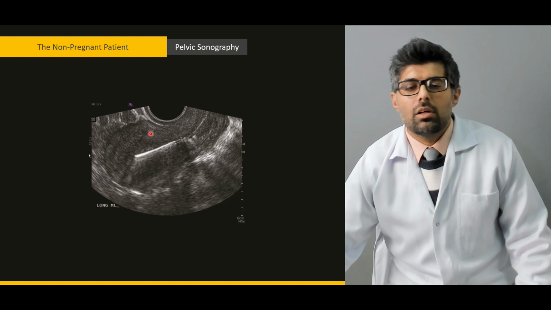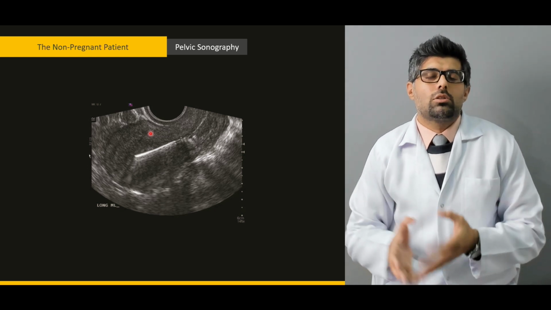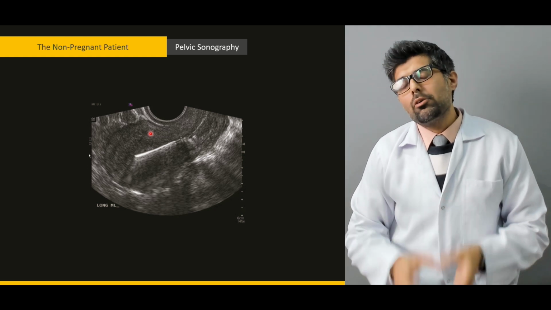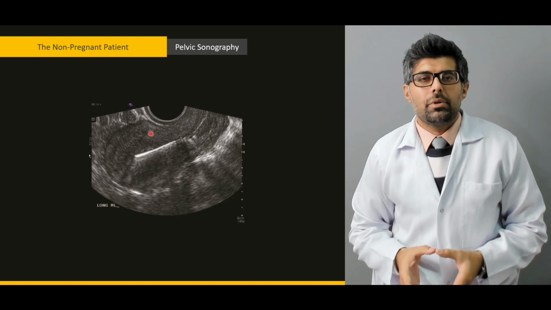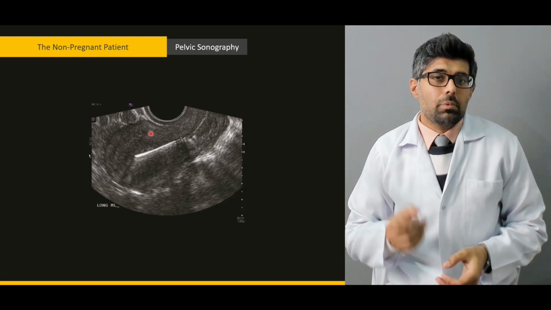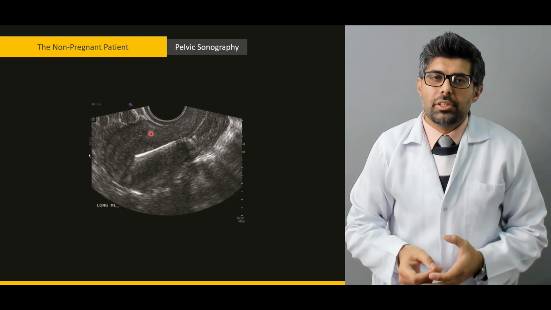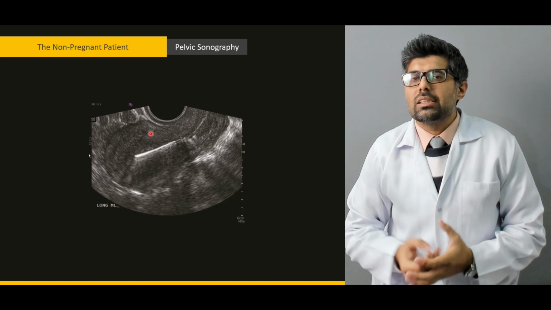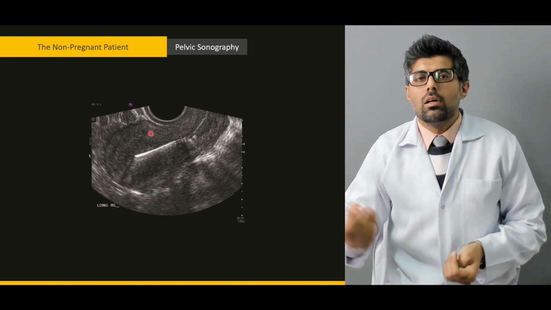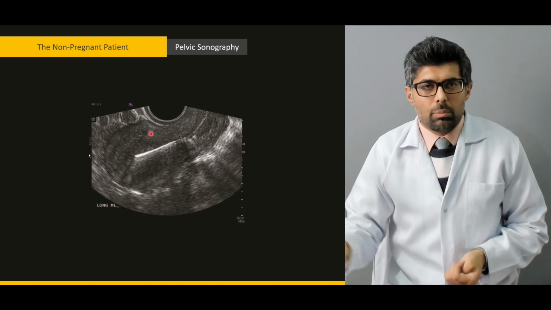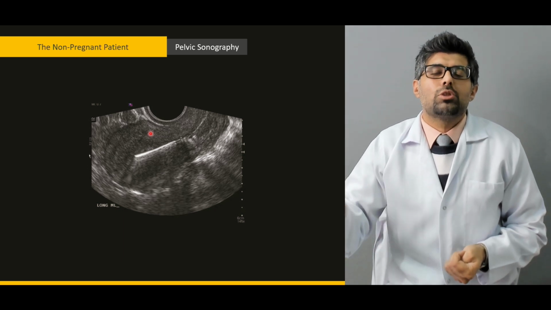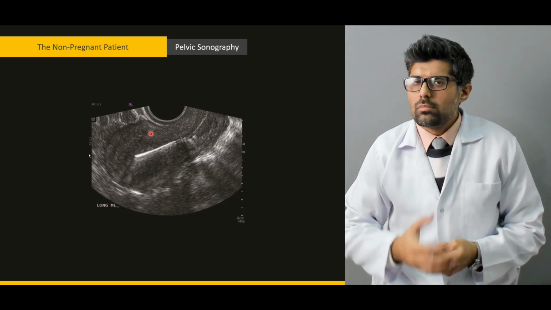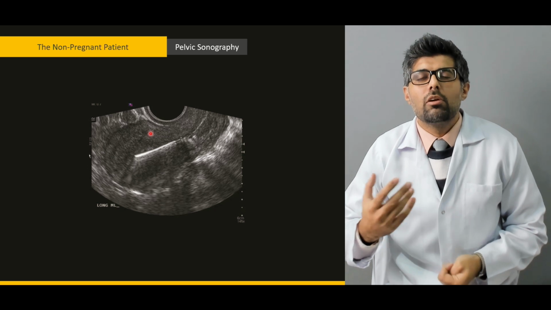Next, we have another very common cause of pelvic pain, that is the intrauterine device. An intrauterine device is a contraceptive device, a T-shaped object, which is inserted inside the uterine cavity. It allows the ova from the fallopian tube to flow outside through the vaginal canal along with the menstrual fluid.